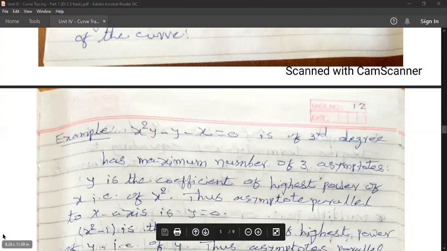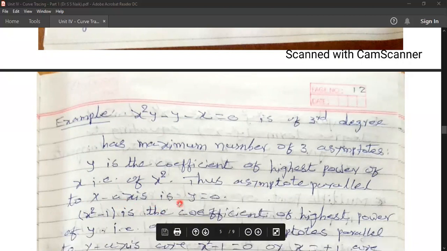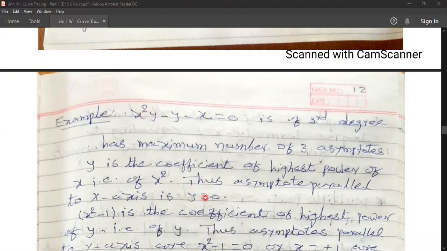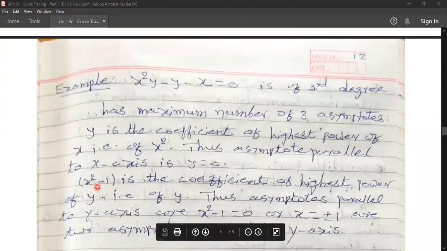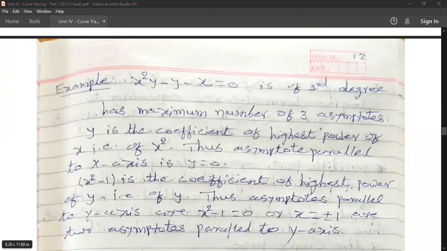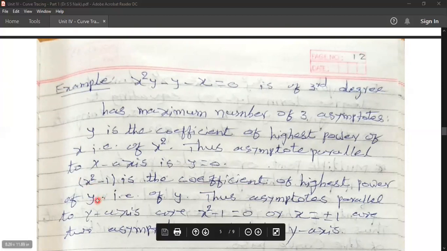Thus the asymptote parallel to the x-axis is obtained by equating to 0 the coefficient of the highest power of x, that is y is equal to 0.